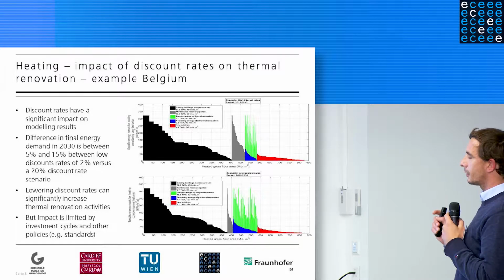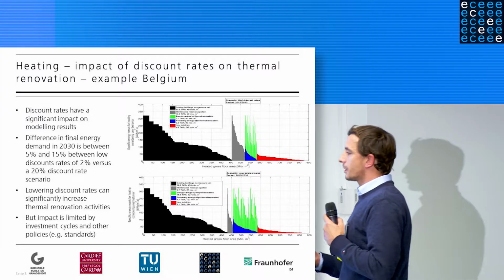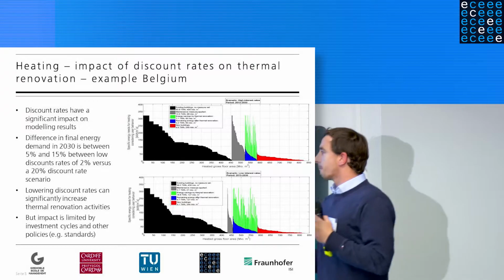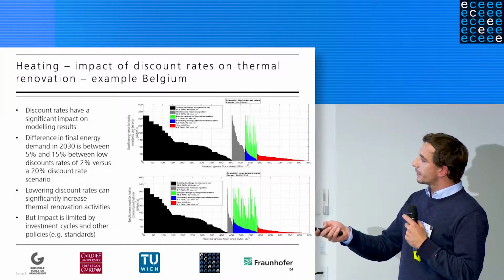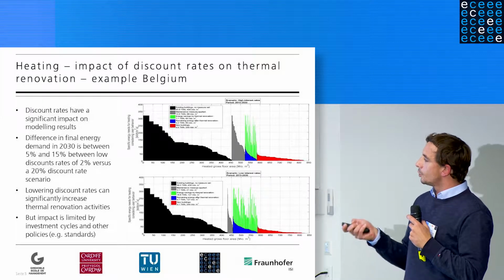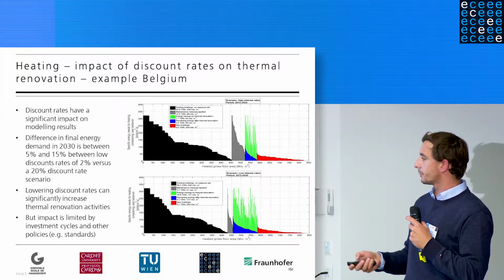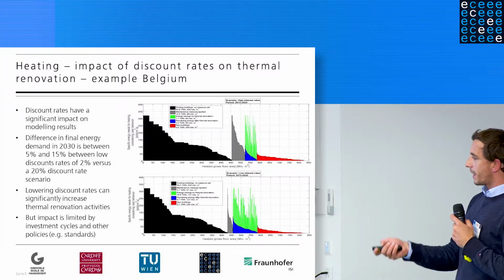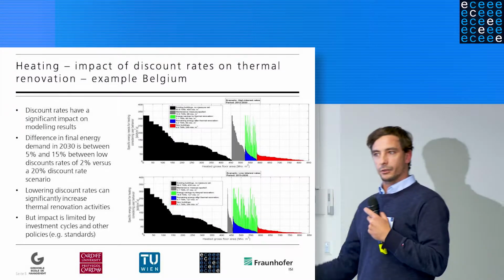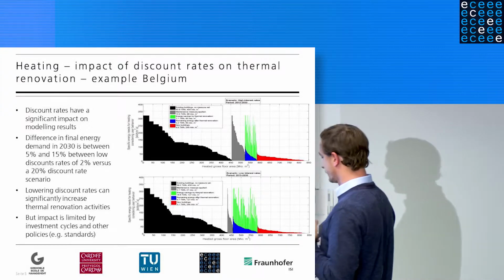Another thing you can see though is that the impact is actually pretty limited all in all still, because only a certain part of the buildings are actually retrofitted, because it still depends on the investment cycle and on the lifetime of the buildings.